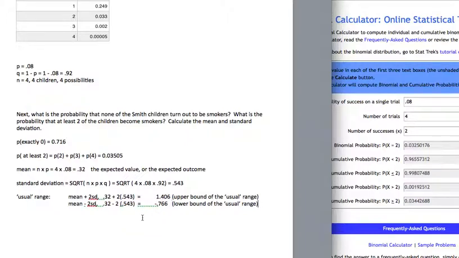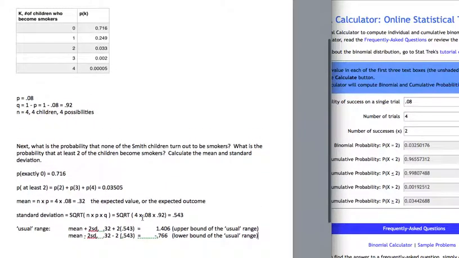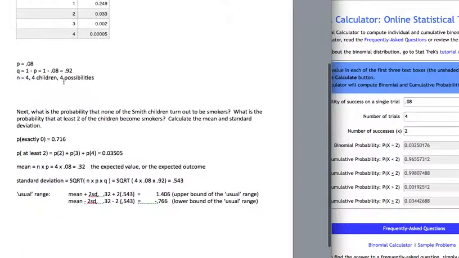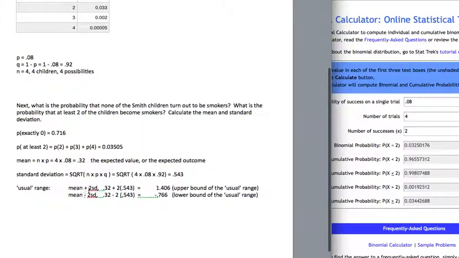Let's say you were asked, would it be unusual if one of the children of the Smith family ended up becoming a smoker? Well, we can look at this usual range. One child is contained within this interval, so we would say that it would not be an unusual event.